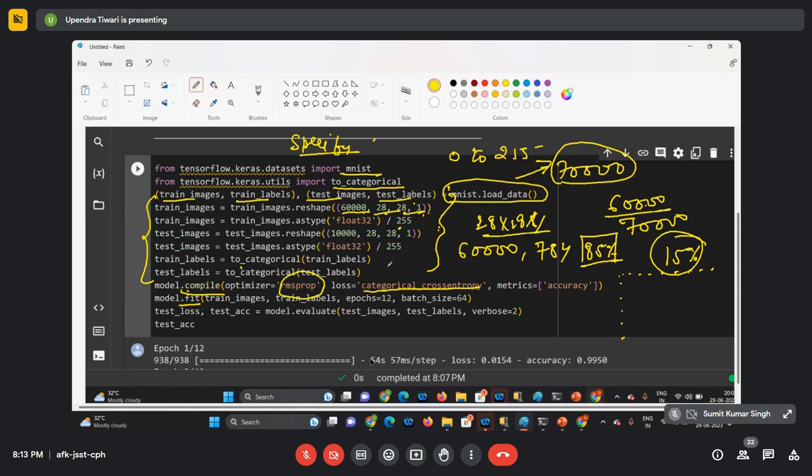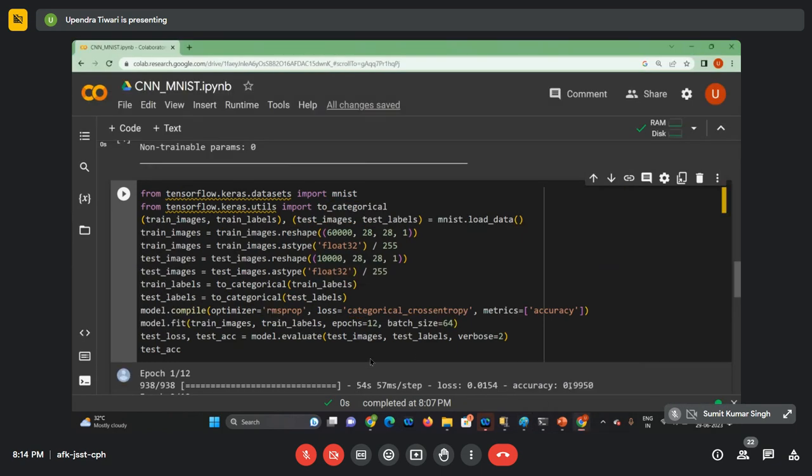Just to take less time, and to improve the accuracy, you can increase the number of epochs. So right now what I'll do, I'll run it, and instead of epochs equals 12, I'll be taking epochs equals 10.